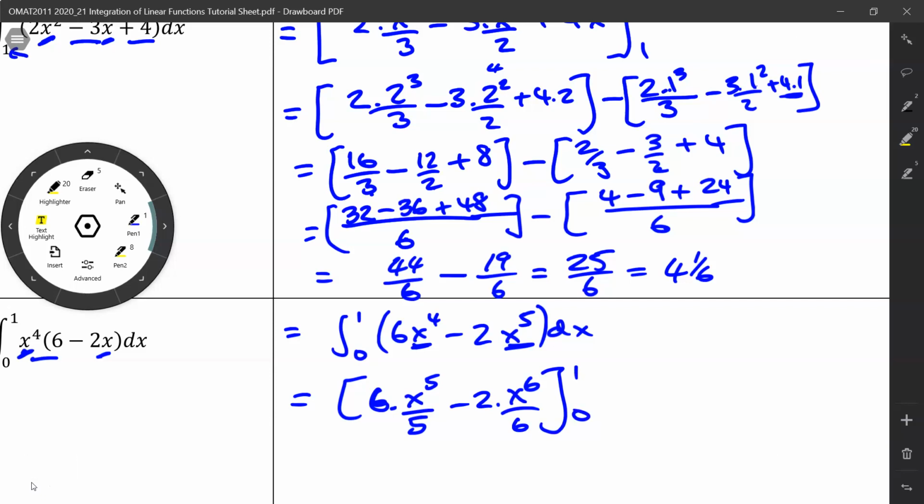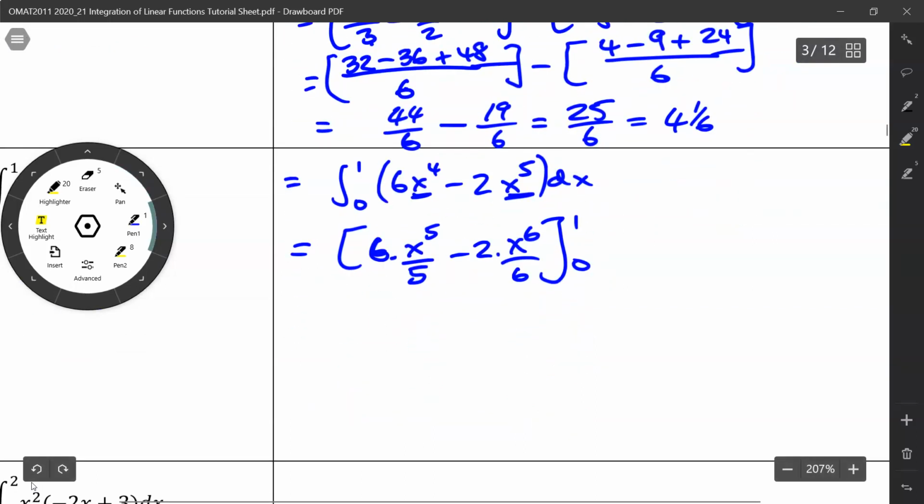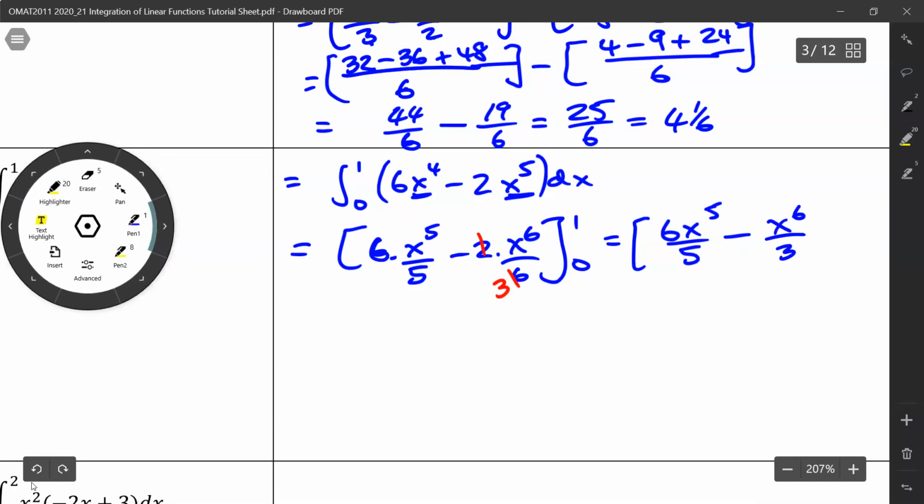So if I just tidy that up a little bit before I do any calculations, that gives me 6x to the 5 over 5, and 2 goes into 6 3 times. So that gives me minus x to the 6 over 3, going from 1 to 0.